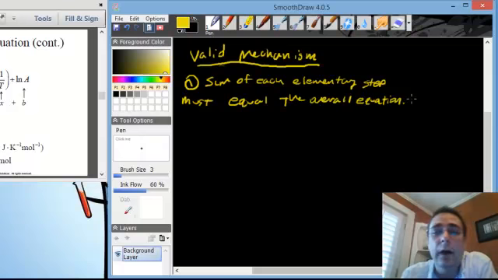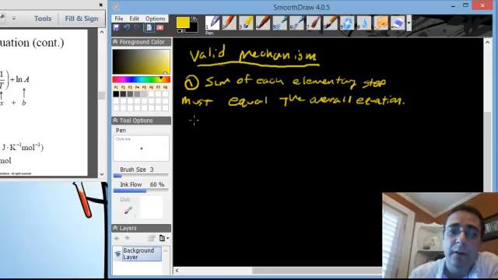So you'll remember from the example I just gave, if you add up the two elementary steps, it equaled the overall equation, right? So that was the first thing that gave me a clue that my mechanism was valid.